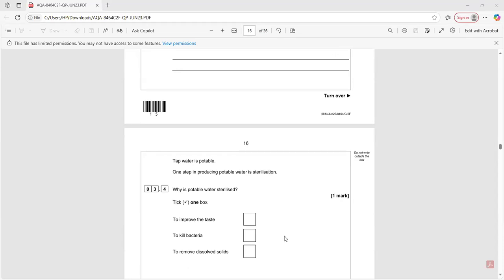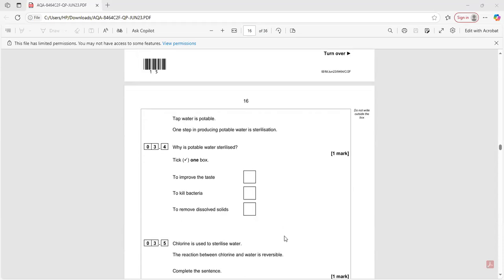The next question says that tap water is potable. One step in producing potable water is sterilization. Why is potable water sterilized? I think I'll go with the middle one, to kill bacteria.